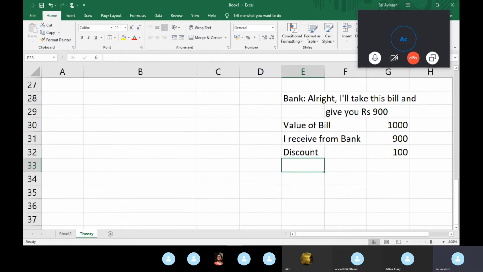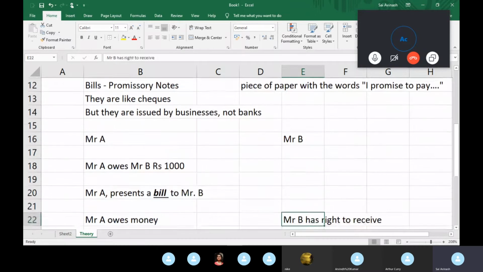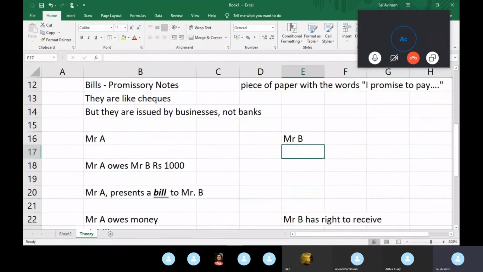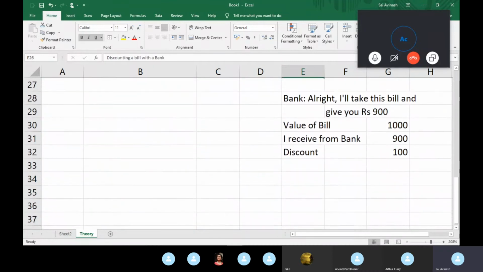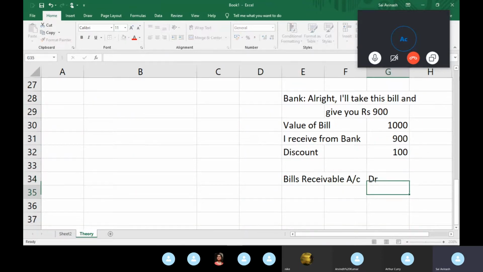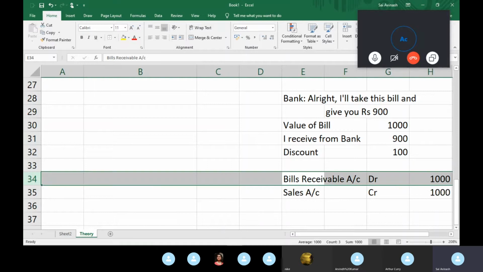So if you want to get a small peek into how this is accounted, let's get the basic idea of the transaction. What's happening? Mr. B has to receive something. So Mr. B has an asset account called the bills receivable account, and that will be debited with 1,000. Let's say the reason he's receiving a bill is because he's made a sale worth 1,000 rupees, and he's receiving a bill from the customer.